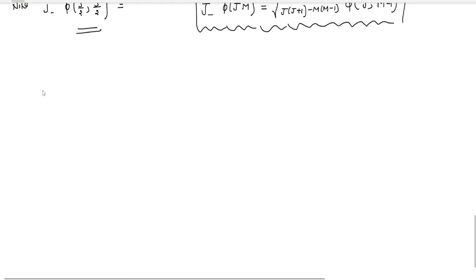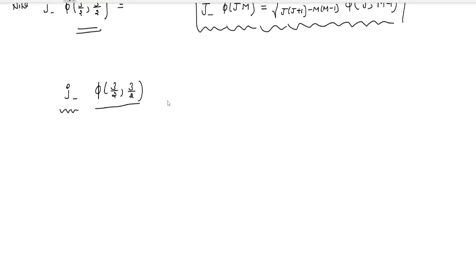So just try to apply this operator. Here I'm taking the 3 divided by 2, 3 divided by 2 state. If you apply the J minus operator on this state, what do we get? First you can write the eigenfunction state 3 divided by 2.